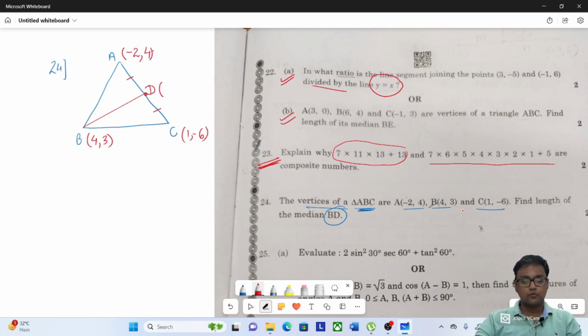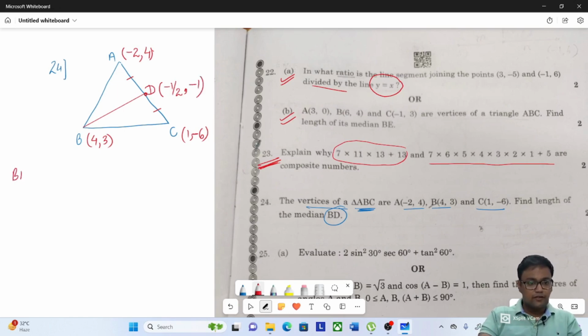So, minus 2 plus 1, that is minus 1 by 2, right, minus 1 by 2. And comma 4 plus minus 6, so be very careful. So, minus 2 by 2, that is minus 1.